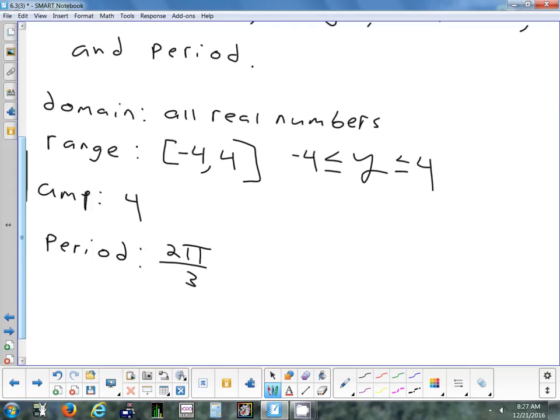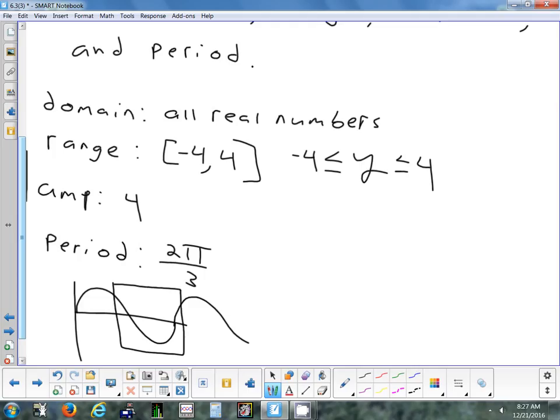Okay, there's a lot of ways you can set your window to see one period. Generally, what we like to do when you see a period is don't cut it off in the middle. Okay? This would be a very nice window to look at one period of sine. Technically, if you wanted one period of sine, you could look at what's in this box, but actually you'd have to go a little further over, because you're starting on kind of a downward slope, and then you're ending on the downward slope.